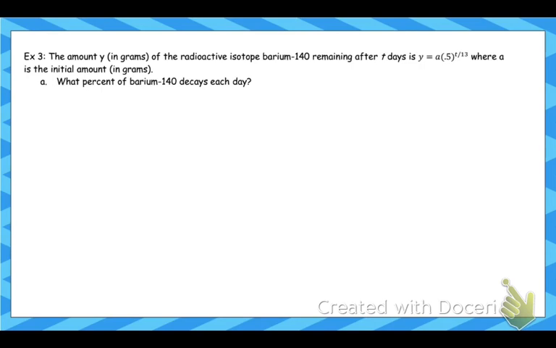There's actually two different ways you could solve this. One method you could use is to try to write this in the same form that we've been using, and this is going to use exactly the method we did last week. So I'm going to rewrite this as 0.5 to the 1 over 13 to the t. Then at this point I would need a calculator. I would plug in 0.5 to the 1 over 13 in order to figure out what that equivalent decimal is.